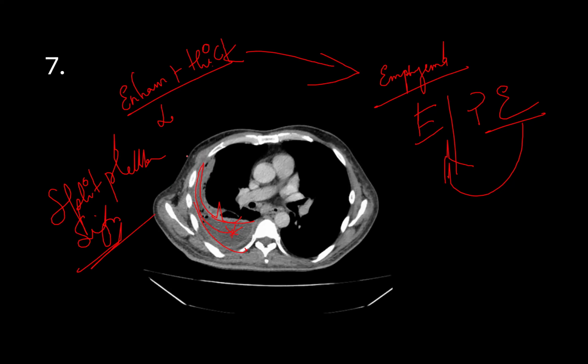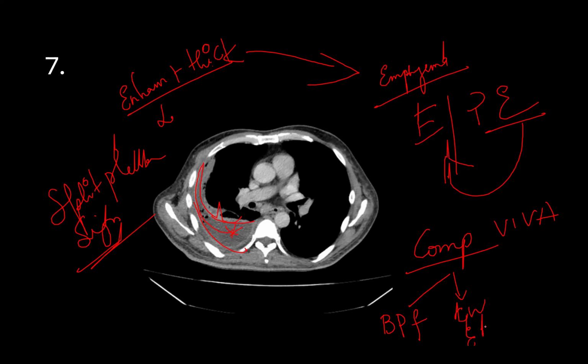Sorry for my pen. So, now the next question is, what are the complications? We have to remember this is the most important viva question. What are the complications of empyema? First, it will communicate with the lung. If it communicates with the lung, we call it bronchopleural fistula. If it communicates with subcutaneous tissue or chest wall, we call it empyema necessitans.